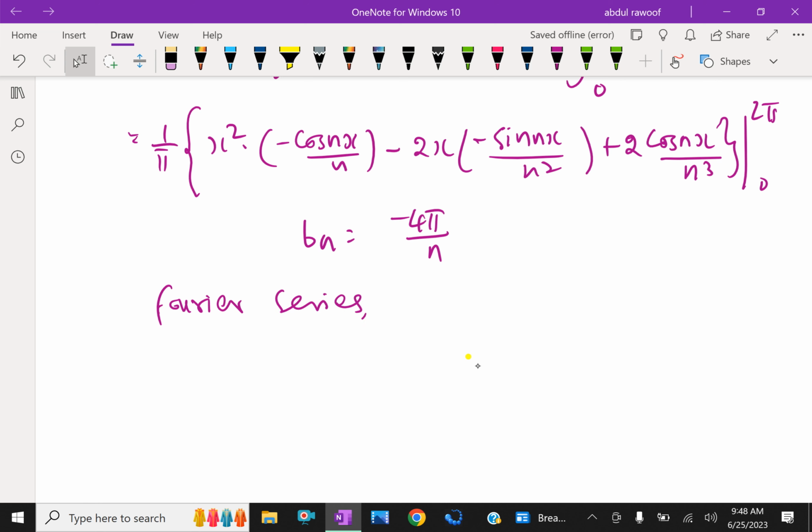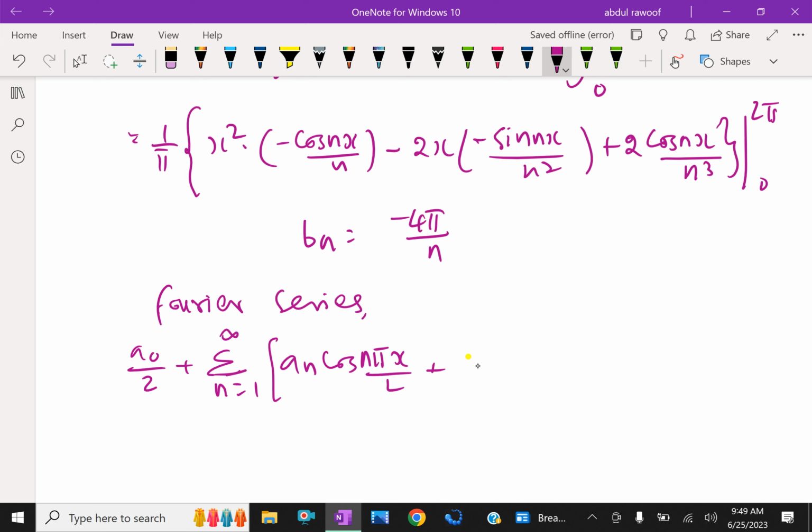The general Fourier series is a0 by 2 plus sigma n equal to 1 to infinity of an cos n pi x by L plus bn sin n pi x by L. Here, this is a Fourier series.